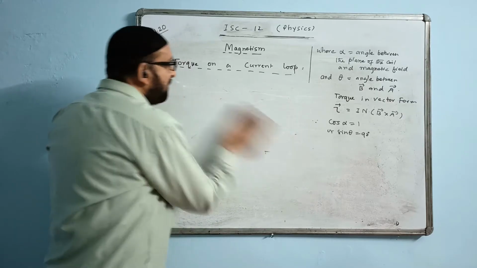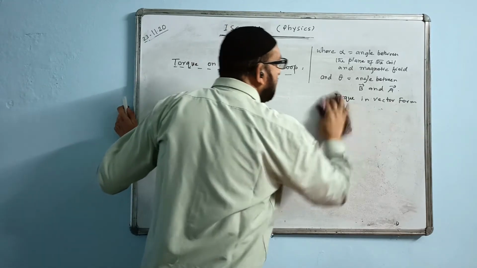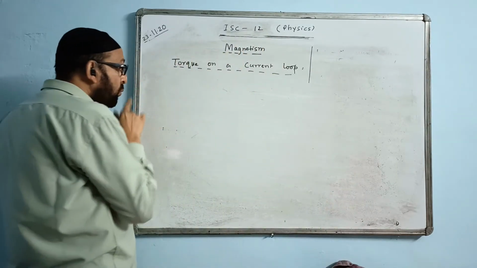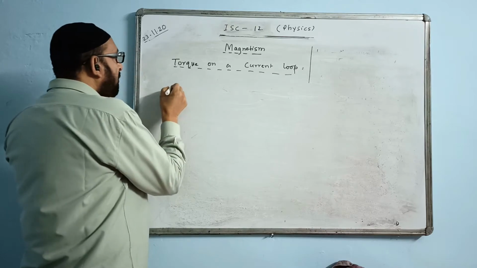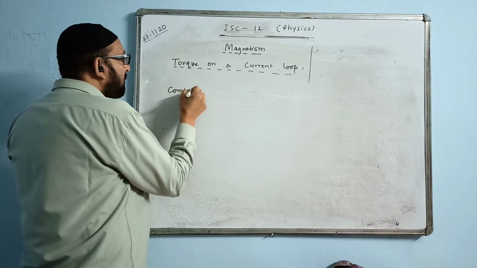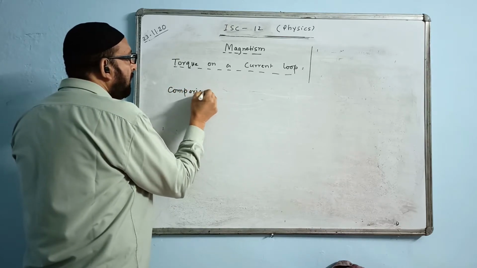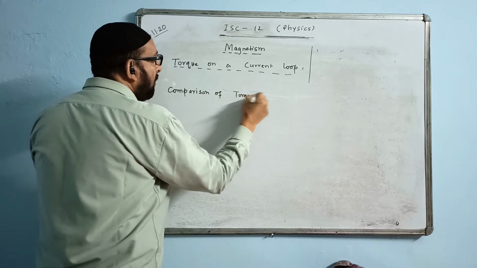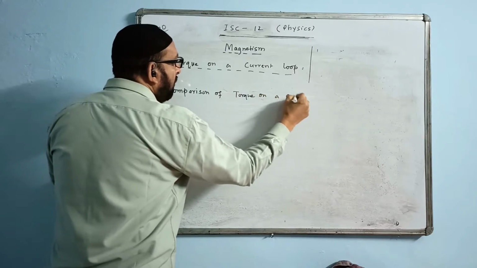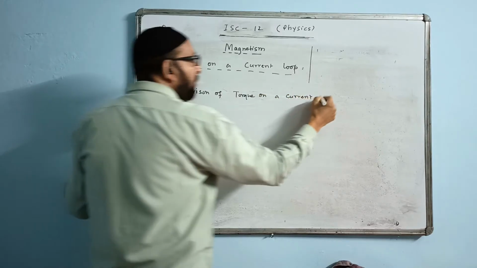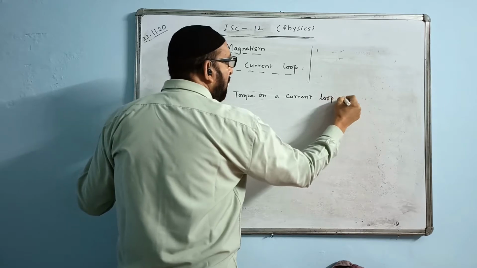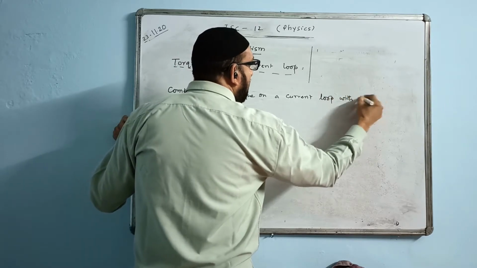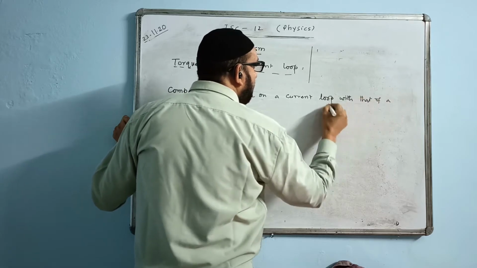Now, just right below that, comparison of torque on a current loop with that of a bar magnet.